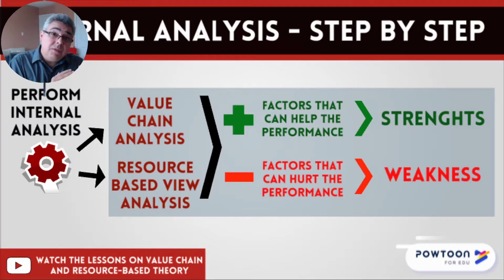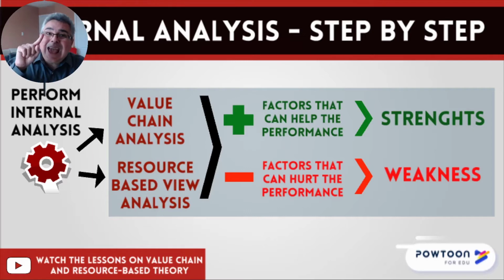The same thing, we can get some hints and insights from the resource-based view. We evaluate if the resource is valuable, rare, difficult to imitate, and if the company is organized to exploit it. If a resource is just valuable and not rare, I may classify that as a weakness. Resources that are valuable, rare, difficult to imitate, and that the company is organized to exploit, I will call strengths.